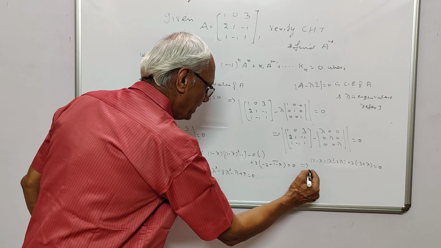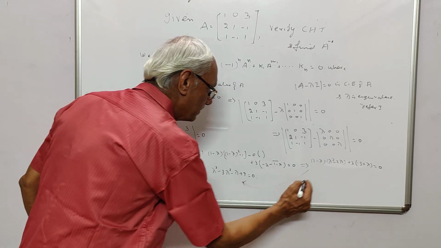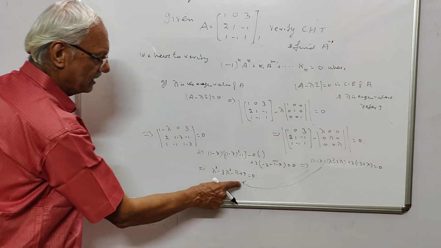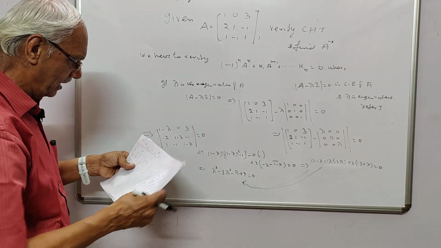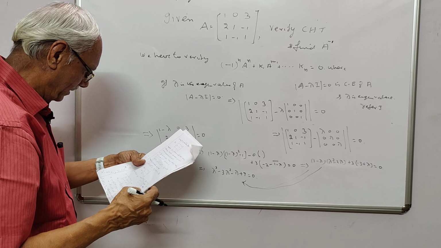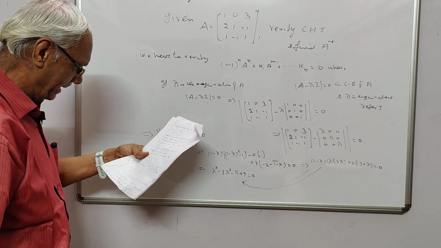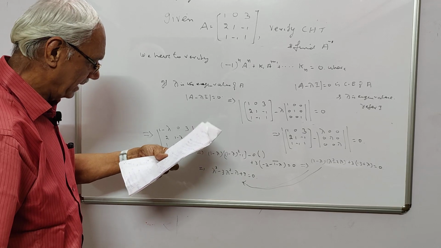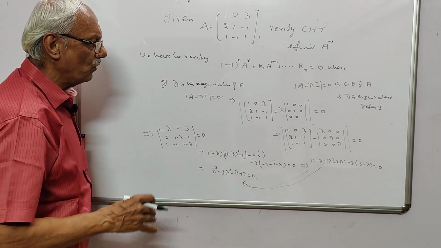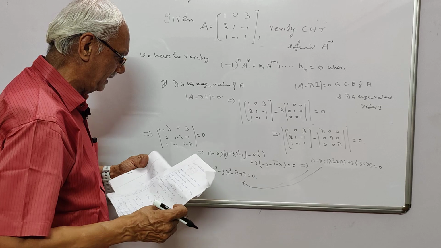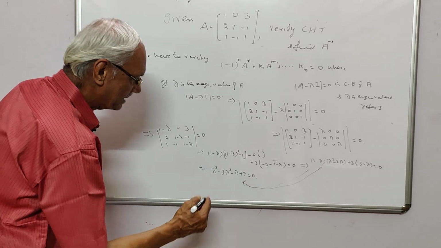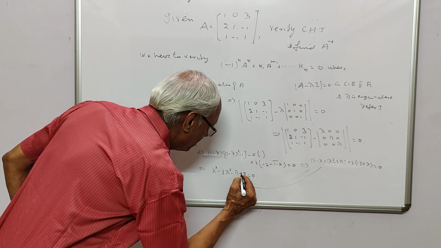Now you do this simplification, you will get this from this. So this is what you will get: lambda cubed minus 3 lambda squared minus lambda. We can go for a verification like this. Here it is plus 9, it is plus 9.